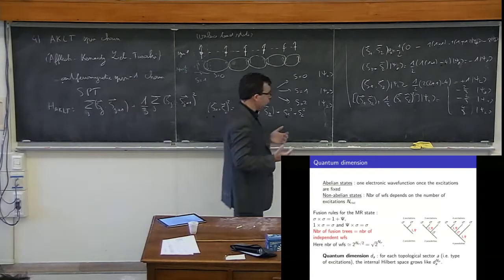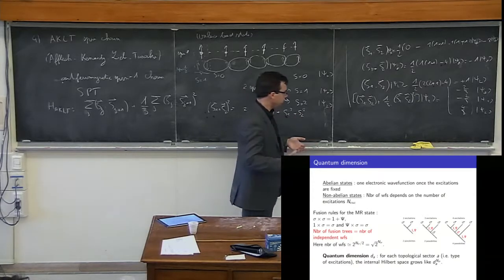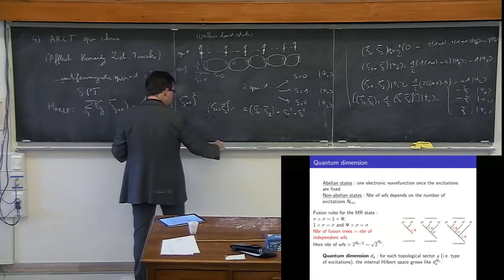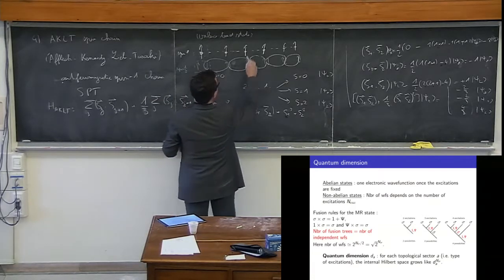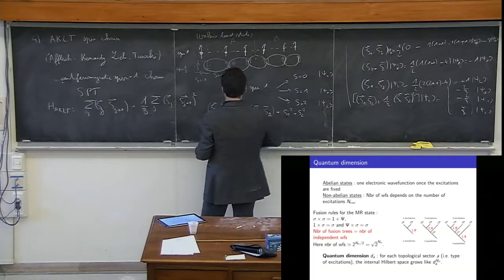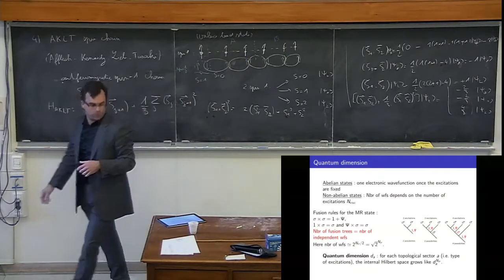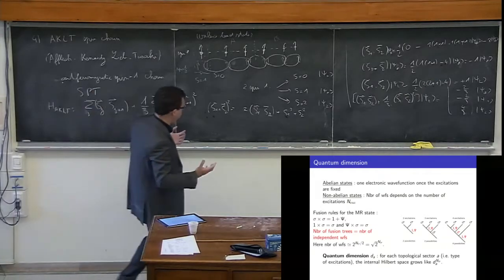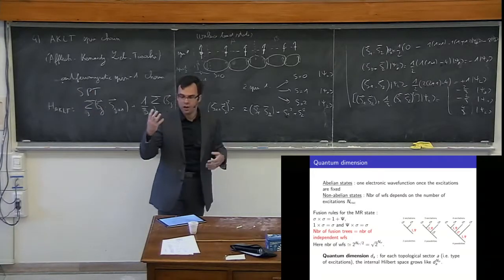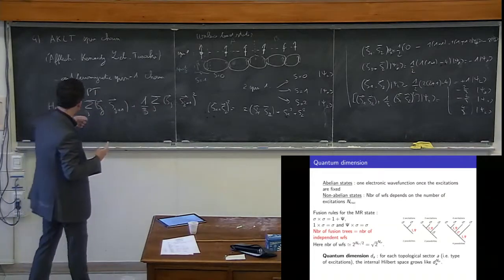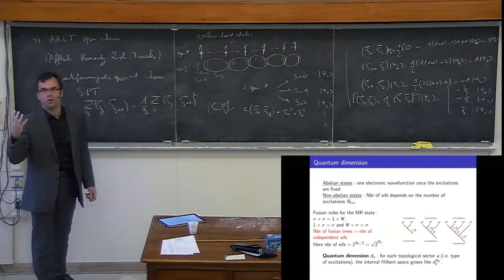We can try to cut the system into two. There's going to be the part A, and there's going to be the part B. If you have edge excitation here, and you look at the ground state of this guy, it's a four-fold degenerate ground state, right?